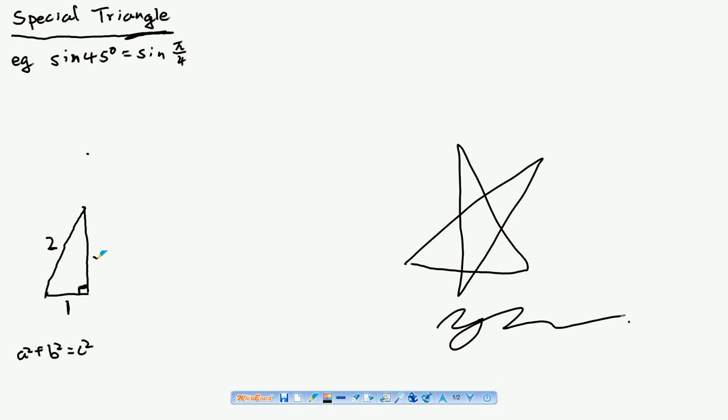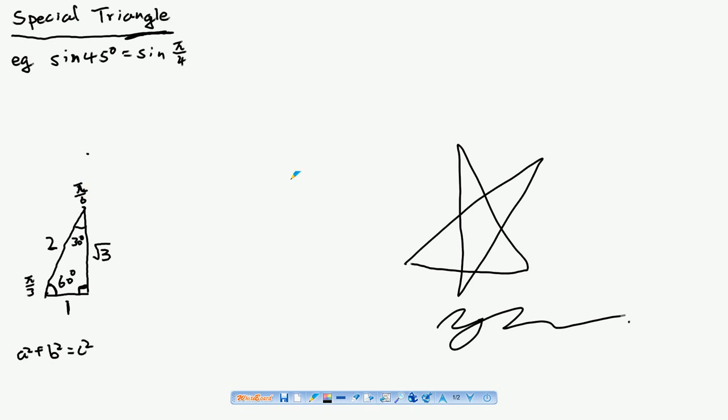You will find the height of this triangle is going to be square root of 3. This angle is going to be 60 degrees, or pi on 3 in radians, and this angle is going to be 30 degrees, or pi on 6.